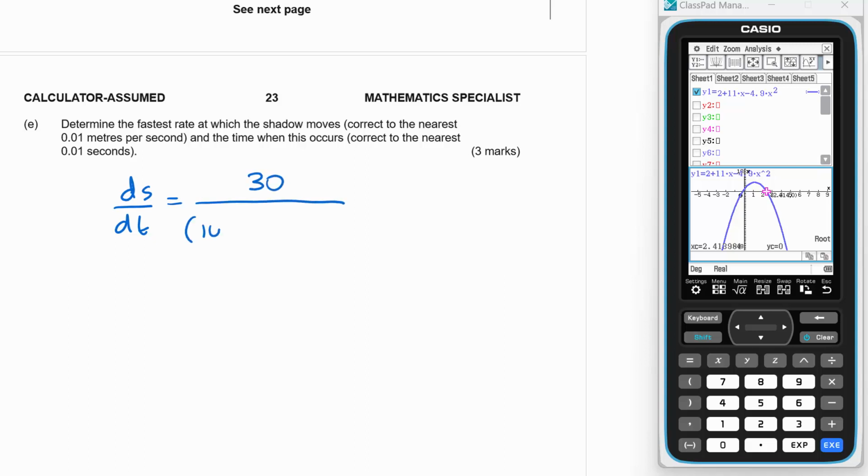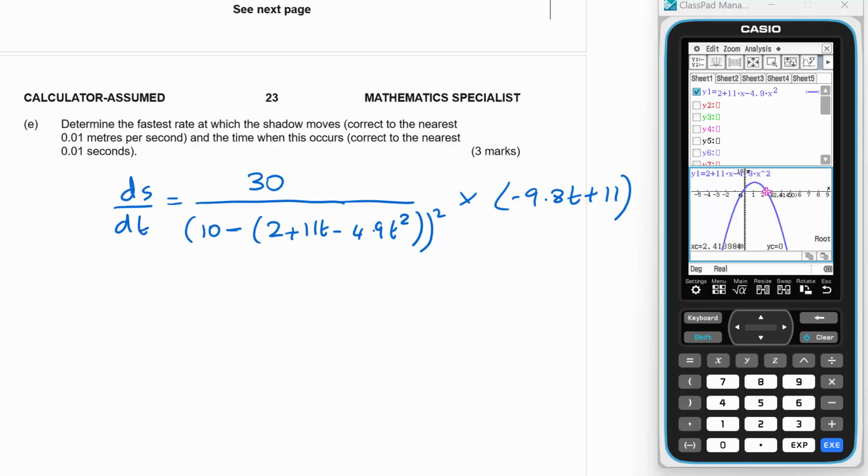Underneath here we have 10 take away the h, which is this, and of course that one's squared. And we also have the dh/dt, which is that.